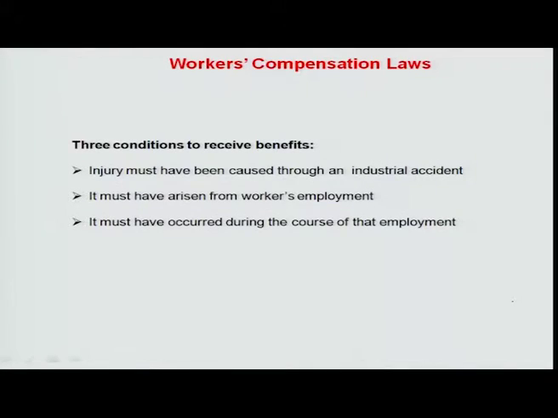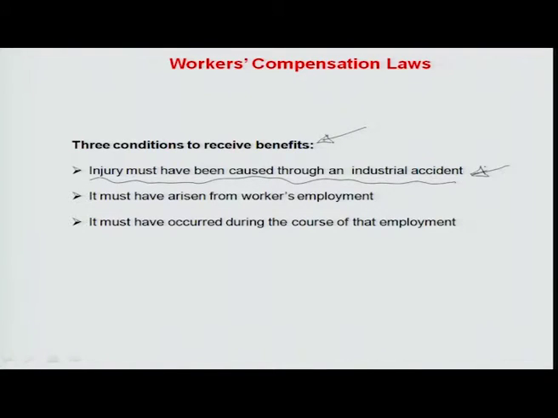So, there are three conditions to receive benefits which have to be looked upon in great detail by people associated with compensating. One is that the injury must have been caused through an industrial accident at the place of work, or even away from the place of work, but because of an industrial accident.